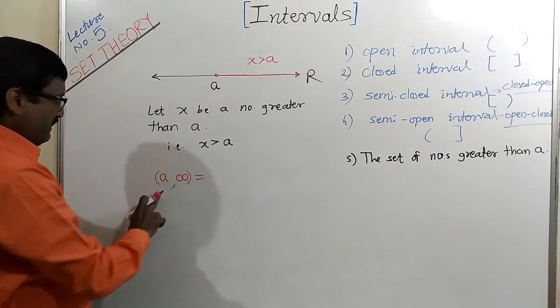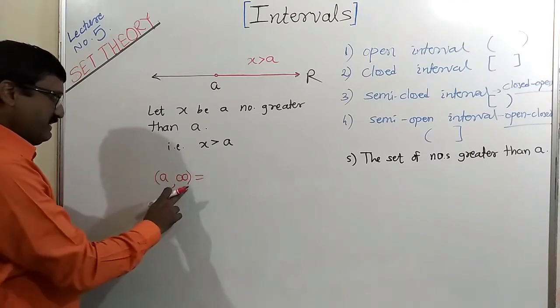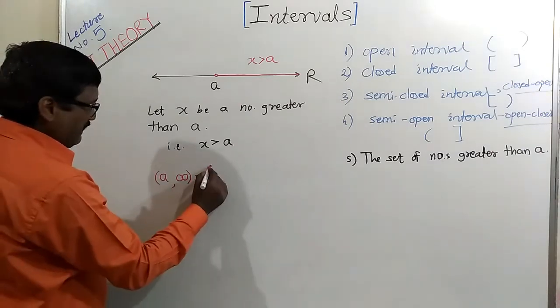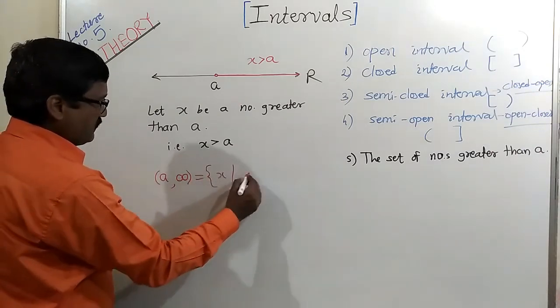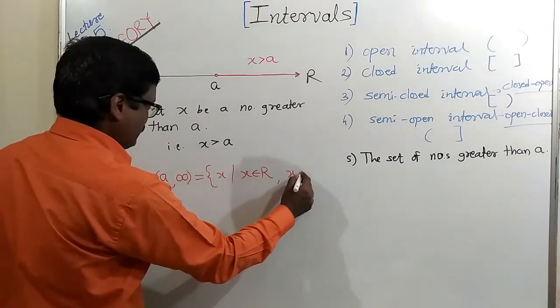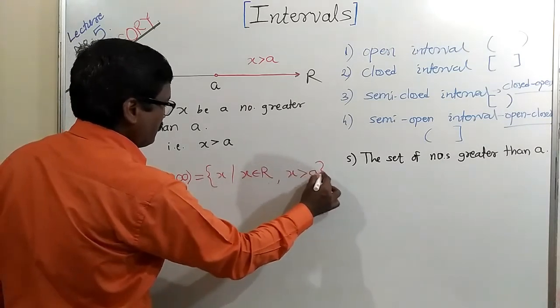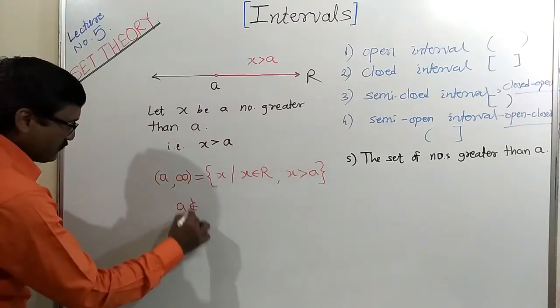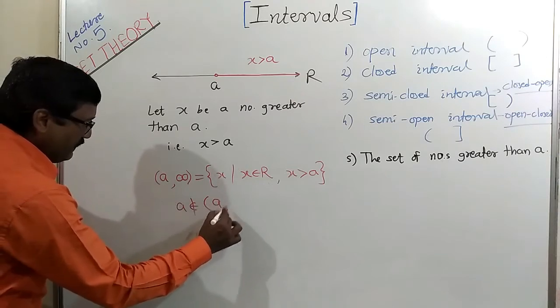So open A, open infinity. Infinity is always open. So open A to infinity, and it is the set of all x such that x is a real number and x is greater than A. This much is sufficient. Obviously here A does not belong to open A infinity.